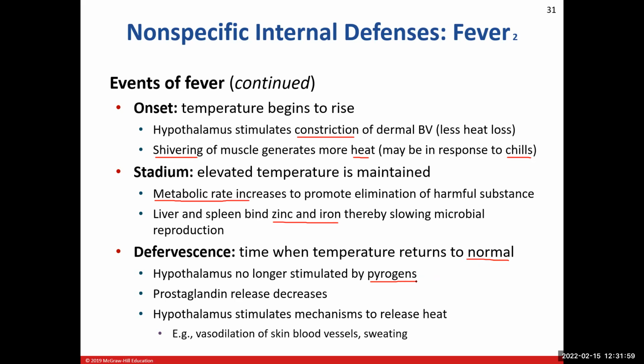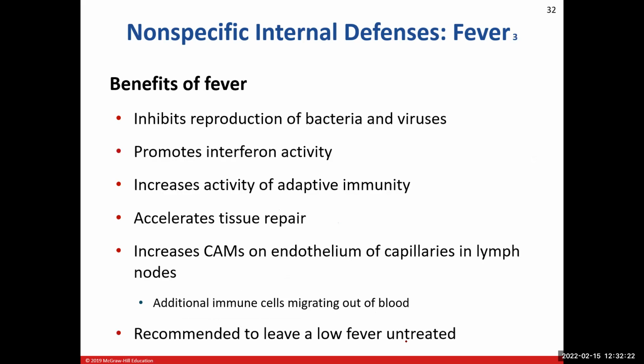So the hypothalamus stops producing prostaglandin E2, and then we will switch from vasoconstriction to vasodilation of those blood vessels in the skin to let more blood flow to get rid of that heat, and then you will even start to sweat, and that's usually a good indicator. You've heard people say, oh, I broke the fever, I broke the fever because I'm sweating.